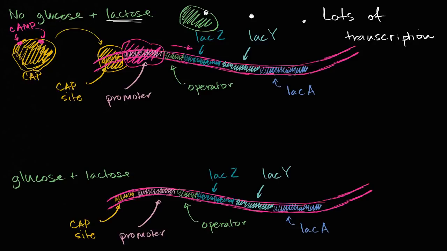Well, I'm not going to go into a huge amount of detail here, but what you need to know, and it makes sense, is that if you have glucose, so let me write it this way. If you have high glucose, I'm having trouble writing, high glucose, then that's going to inhibit the production of cyclic AMP. So low cyclic adenosine monophosphate.